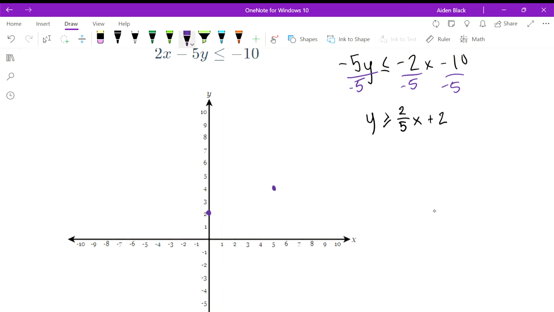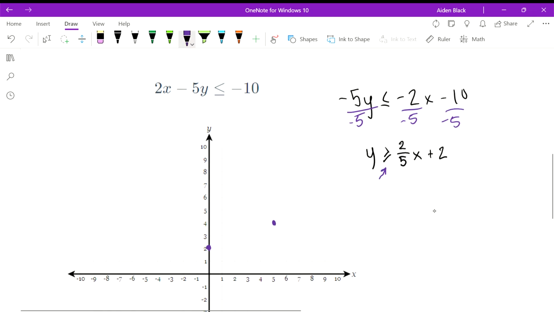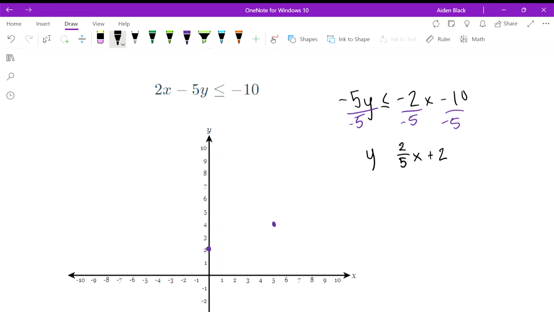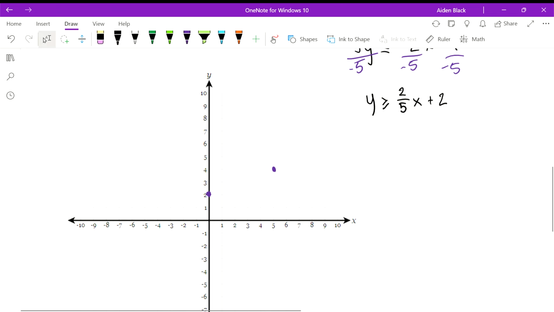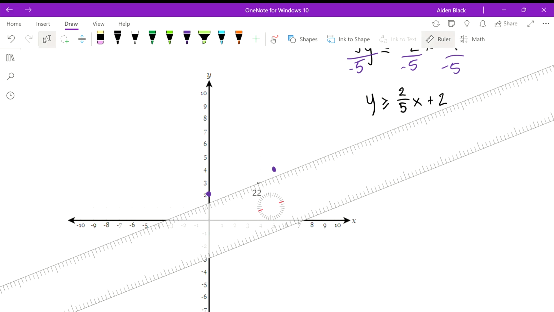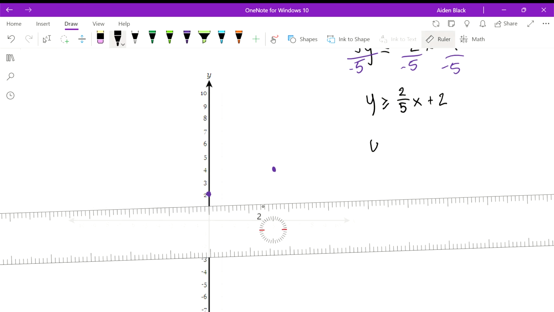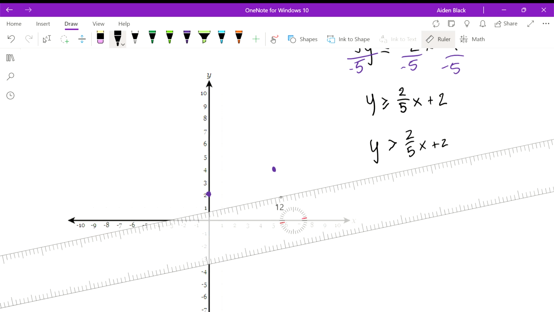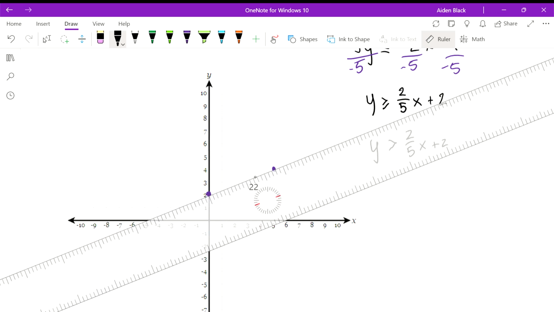Now this inequality also has a greater than or equal to. So it's going to be a solid line. If this were y is greater than 2/5 x plus 2, then we'd have a dotted line like this, because it would not include anything on that line.